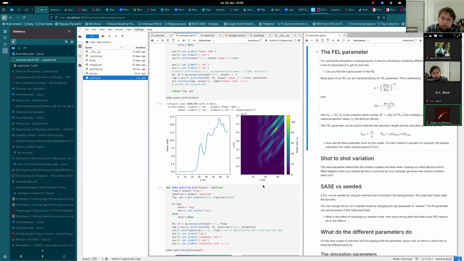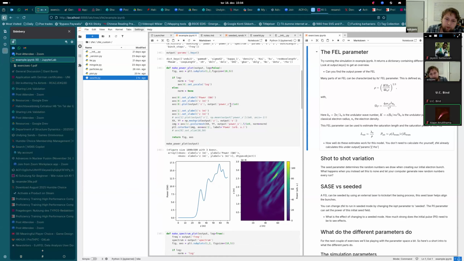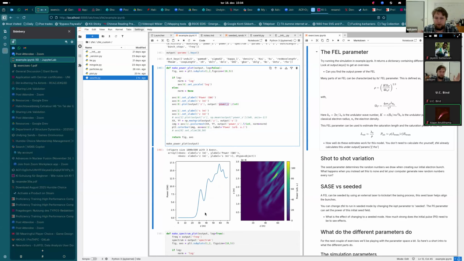So you can see on this plot, I'm plotting the power in two different ways from this output. Power Z is this curve, and this gives you basically the power of the light, or the lasing, at a specific point along Z. And power S gives you this thing on the right here.